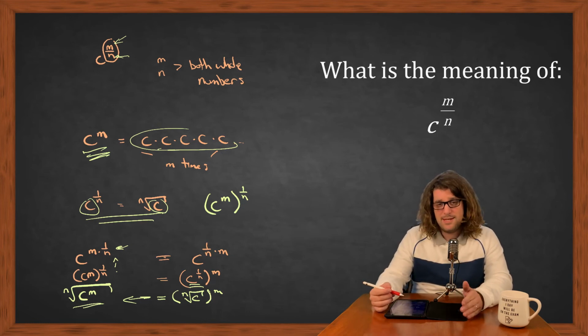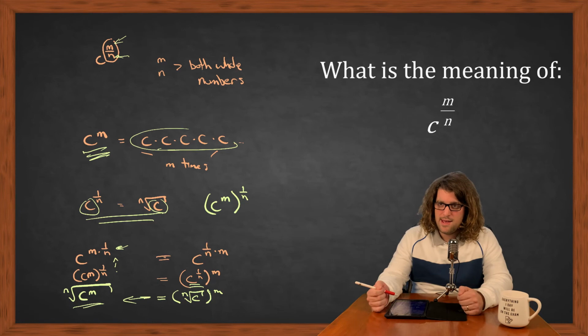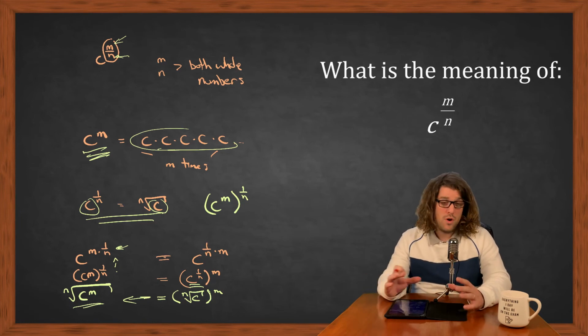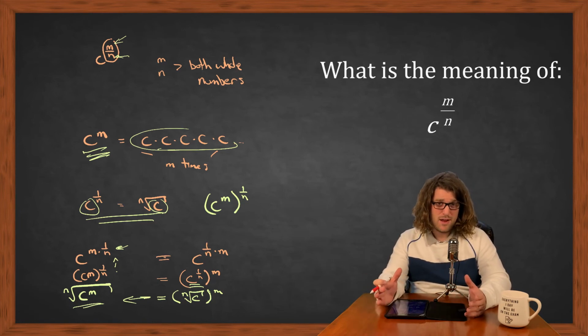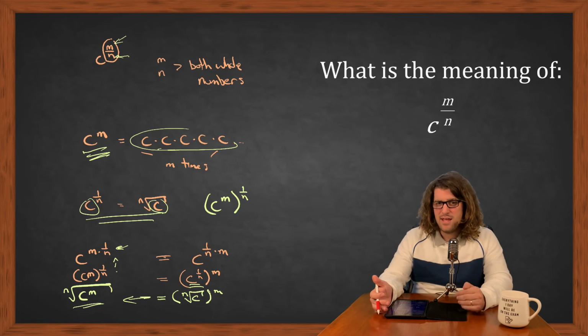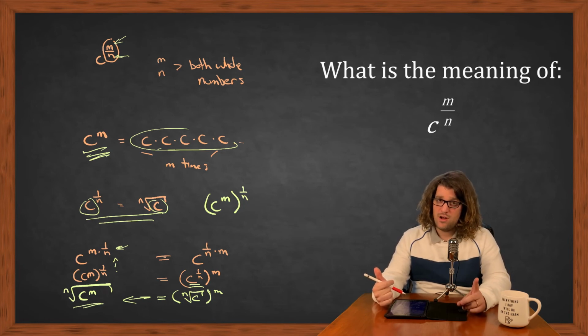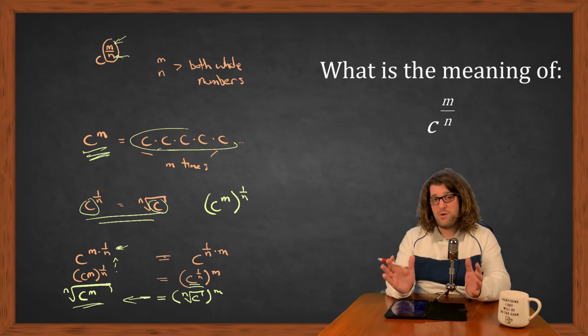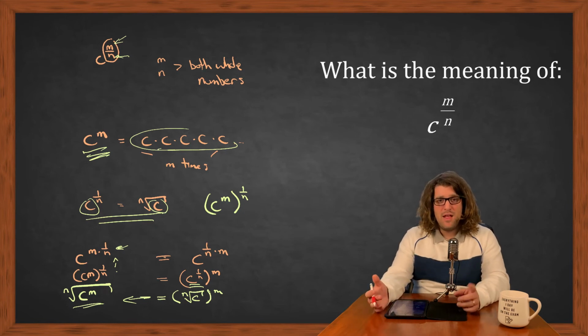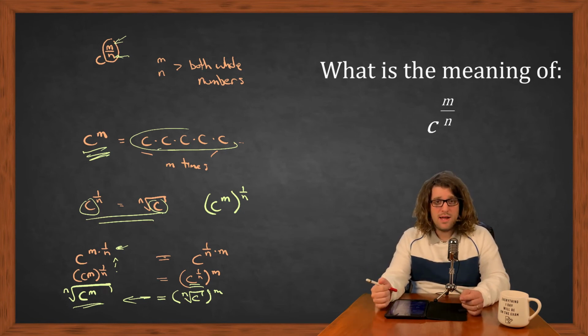So c to the power of m over n is the same thing as, whether you want it inside or outside, it doesn't matter, an nth index radical with either c to the m inside of it, or just a c inside of it with the power of m on the very outside. The order is not important. As we saw, the left-hand side and the right-hand side are equivalent to start with on this line, and they're equivalent at the end too.